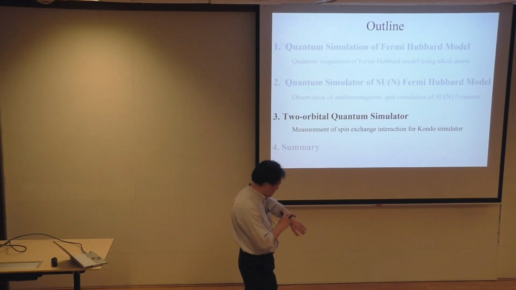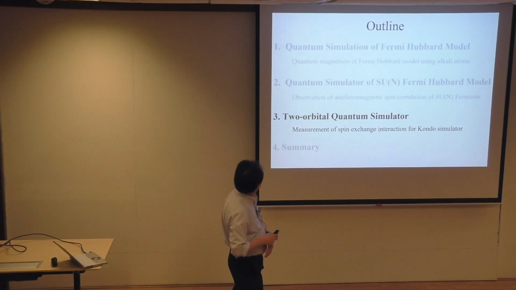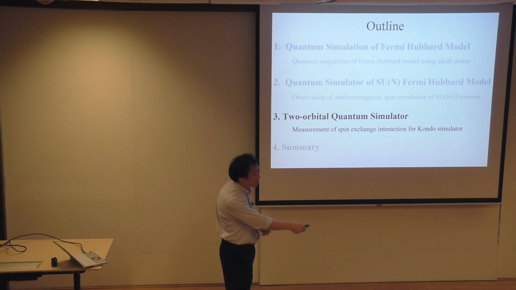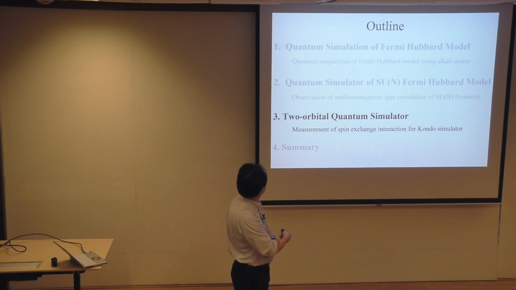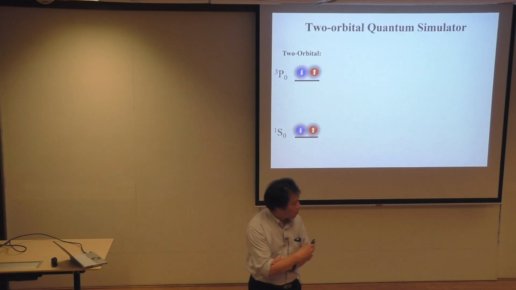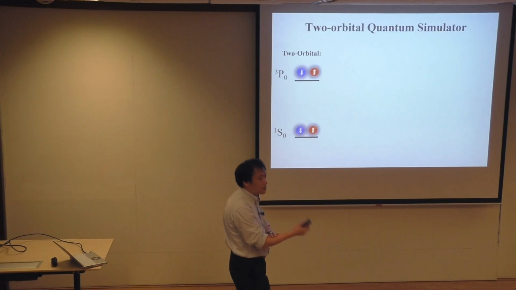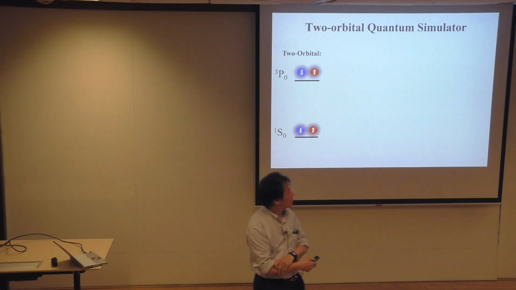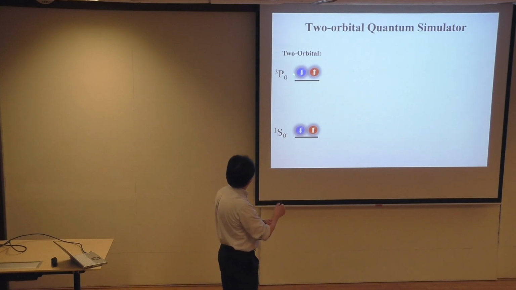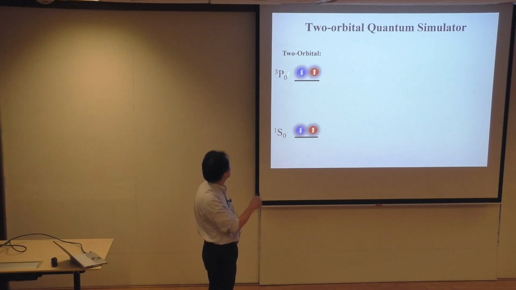Okay, and I would like to switch to the third part of my talk. It's about the two-orbital quantum simulator. Another unique feature of the two-electron atoms is the existence of the stable electronic states, the singlet S0 and triplet P0.